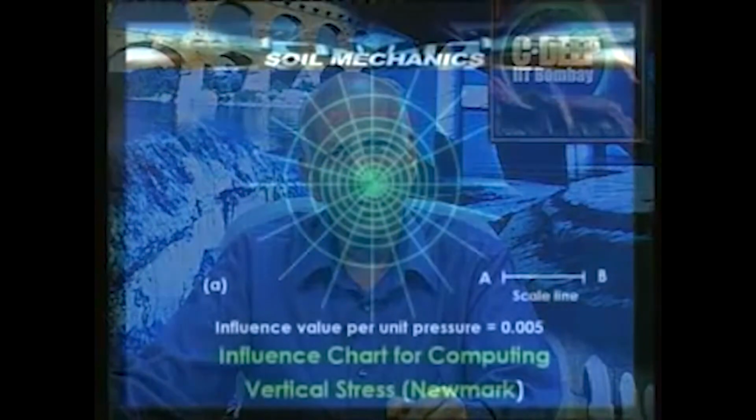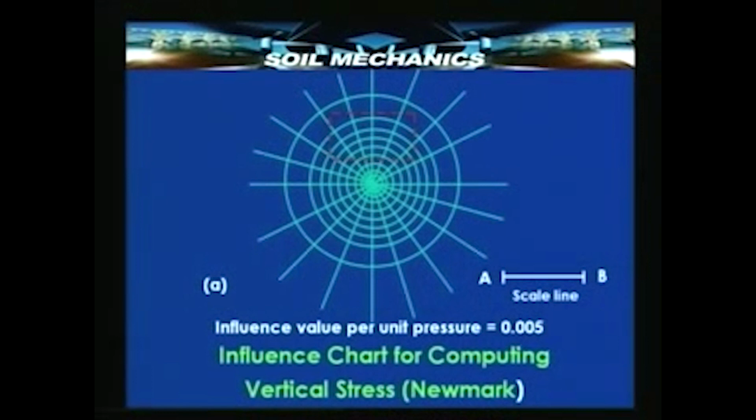If we want a different depth, we need to convert the dimensions of the loaded area to a different scale. So the depth decides the scale, and for a non-rectangular area, we can still determine the influence factor by just counting the number of elements that come within the given area.